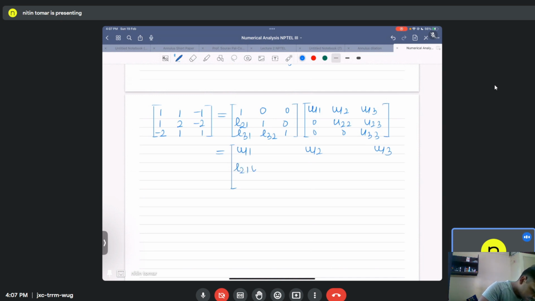Then you will have l21 u11, then l21 u12 plus u22, then l21 u13 plus u23. Next, l31 u11, then something big: l31 u12 plus l32 u22, then l31 u13 plus l32 u23 plus u33. This is going out of the matrix, but I hope that is fine.